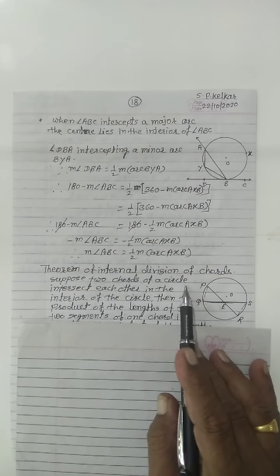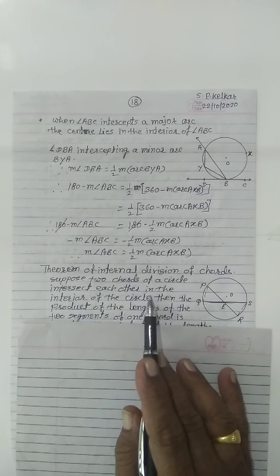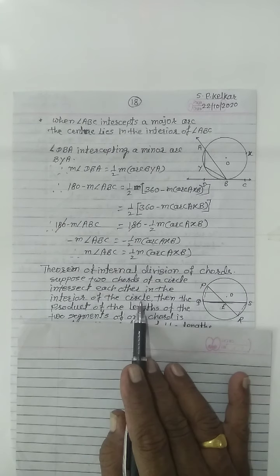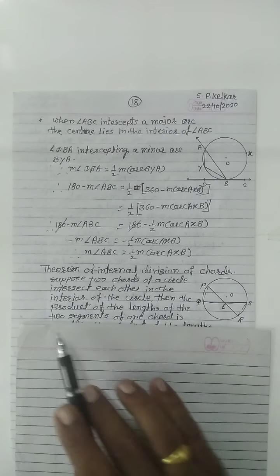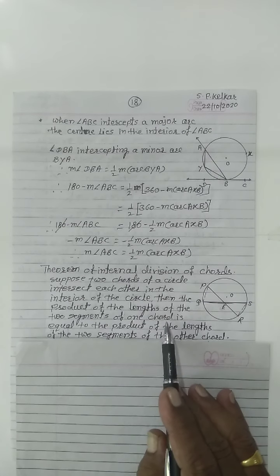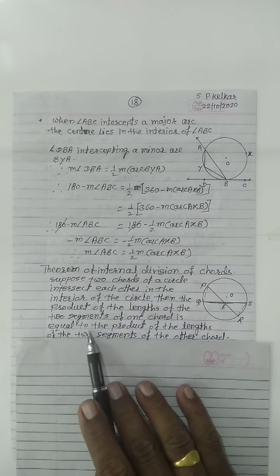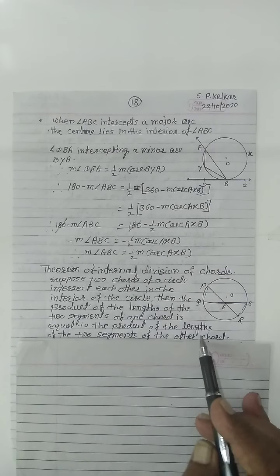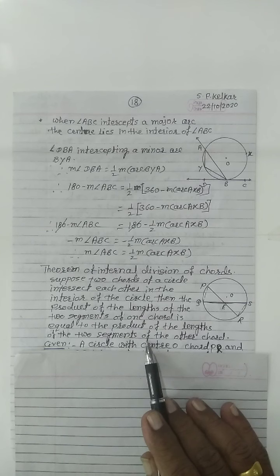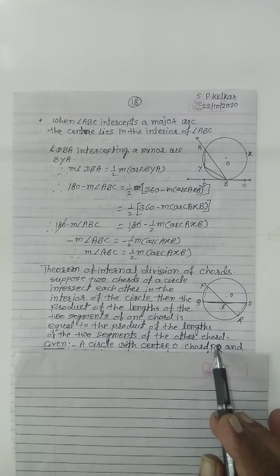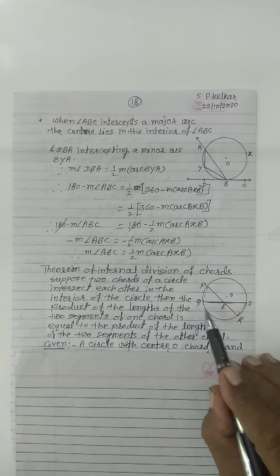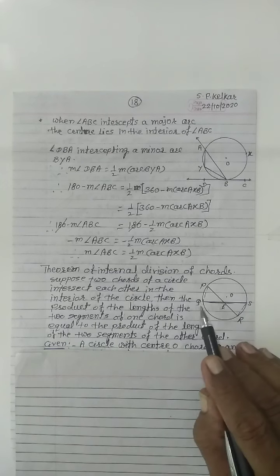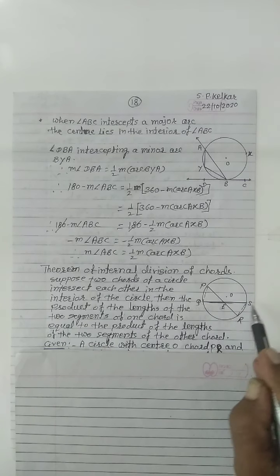Suppose two chords of a circle intersect each other in the interior of the circle, then the product of the lengths of the two segments of one chord is equal to the product of the lengths of the two segments of the other chord. See this chord PR, its two segments are PE and ER, and this chord QS, its two segments are QE and ES.